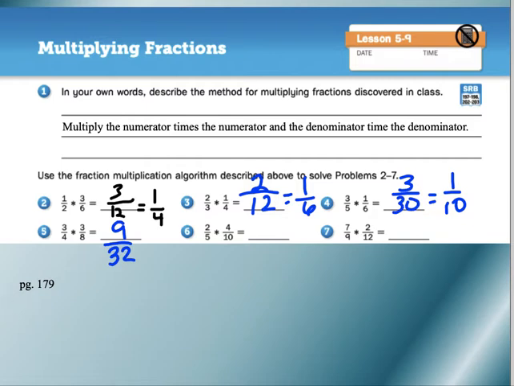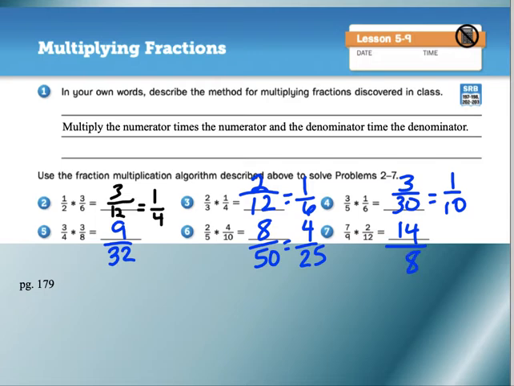Then our next one is 8/50. Both of those can be divided by 2, so that would be 4/25. The next one, 7/9 times 2/12. We're going to end up with 14 over a big number.